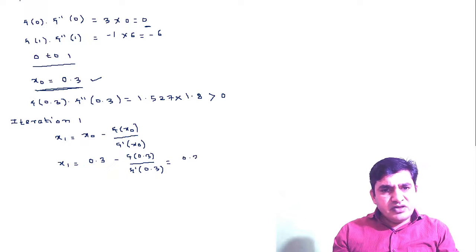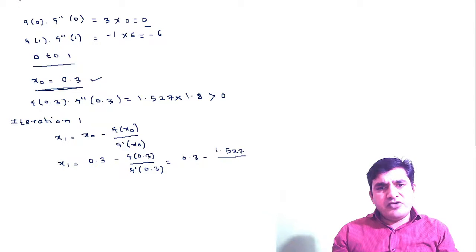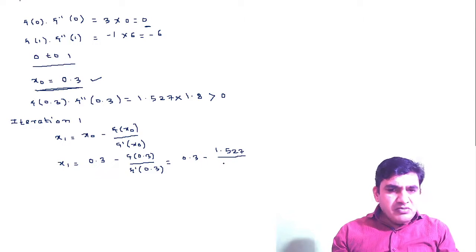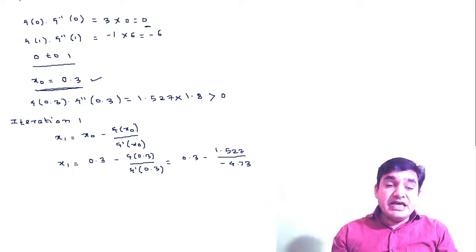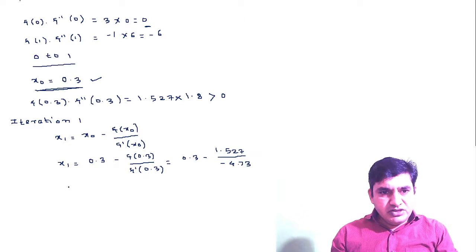So this is equal to 0.3 minus 1.527, this is f of 0.3, divided by minus 4.73, this is f dash of 0.3.